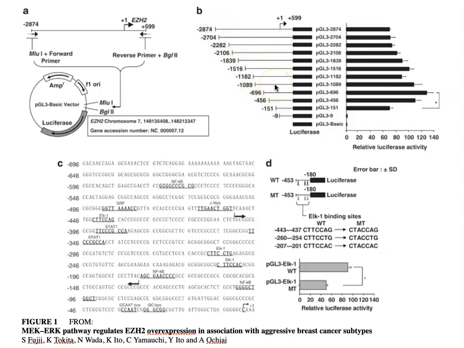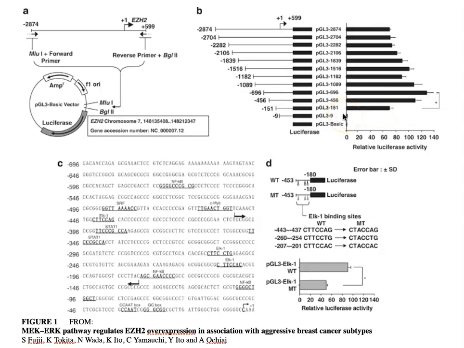In other words, transfection is increased with the decrease of the size. But at some point you start seeing a decrease in the amount of luciferase right here after 696, and then from 456 to 150. But then once you remove 145 or so nucleotides, you lose everything.